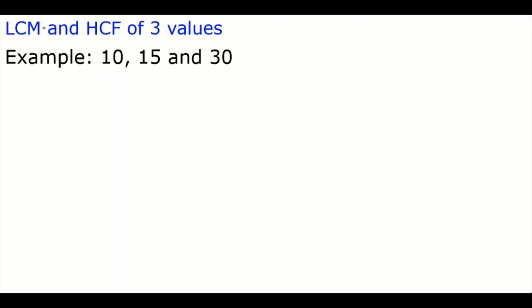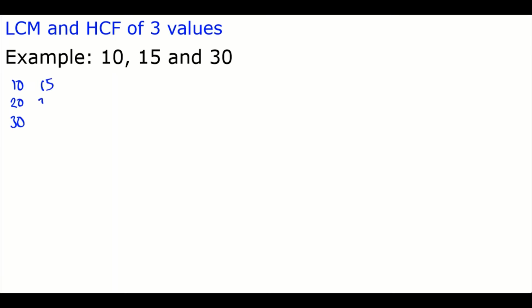Last bit here, so lowest common multiple and highest common factor if you have 3 values, for example 10, 15 and 30. So you could write lists, so a list of multiples of 10, of 15 and of 30. So multiples of 10, we've got 10, 20, 30 and so on.